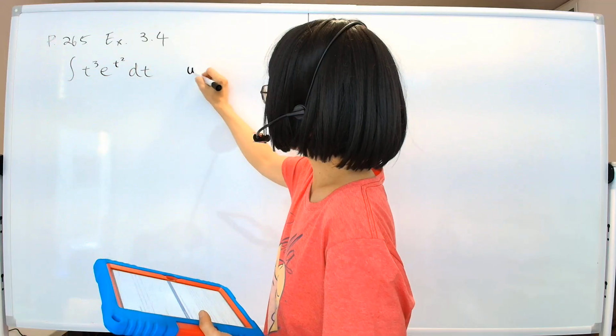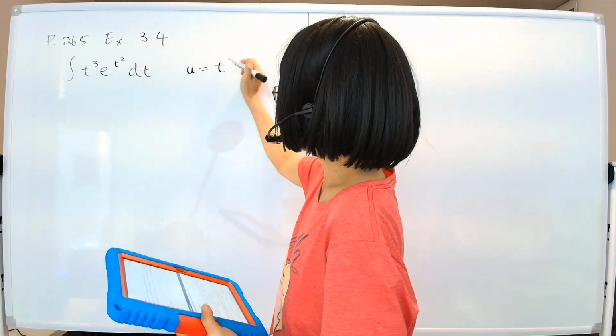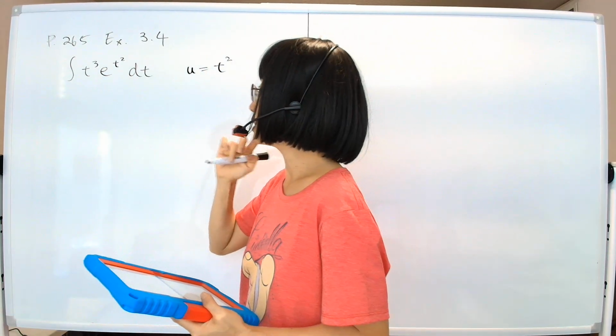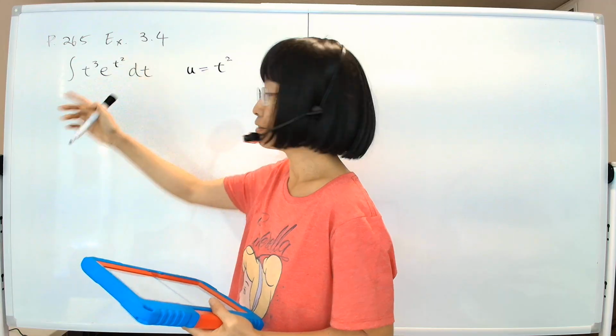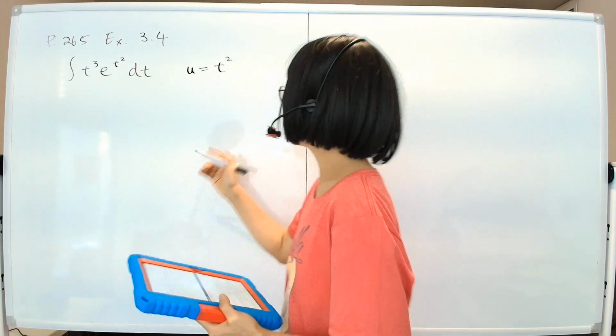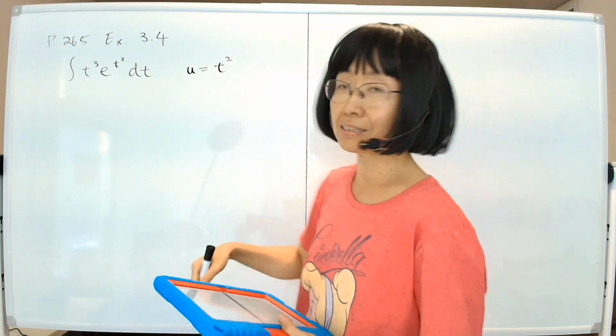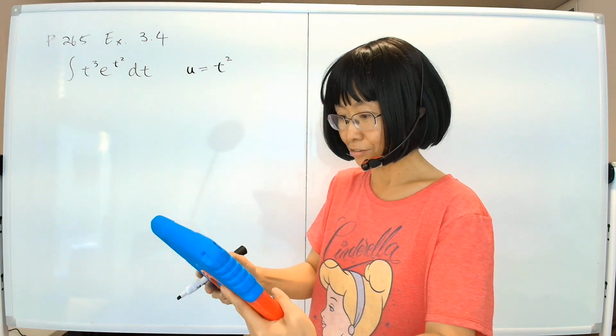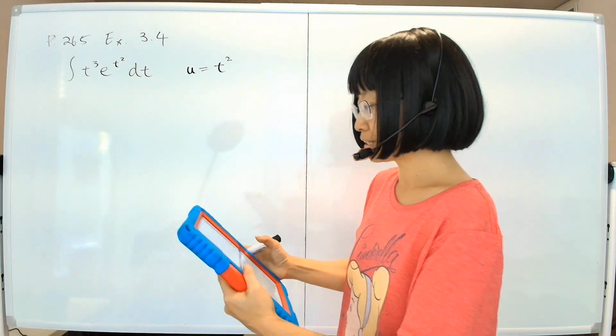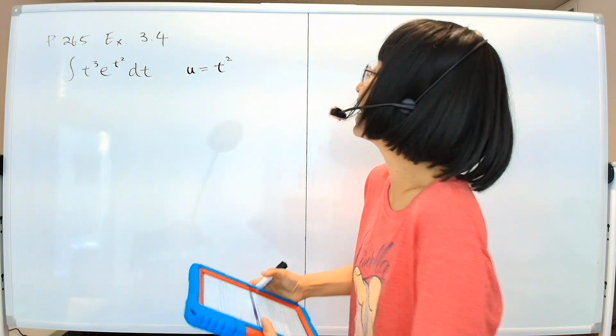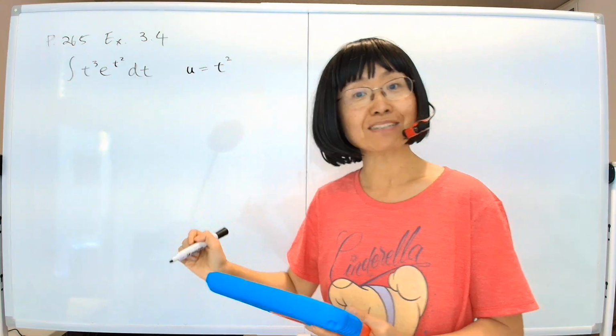Because this part, when you take the derivative, will take care of the rest of it. Let me show you what I mean in a second. So we let u equal t squared instead of t cubed, which would actually land you in hot water, because the LIATE rule doesn't always work. So you sometimes have to be flexible.